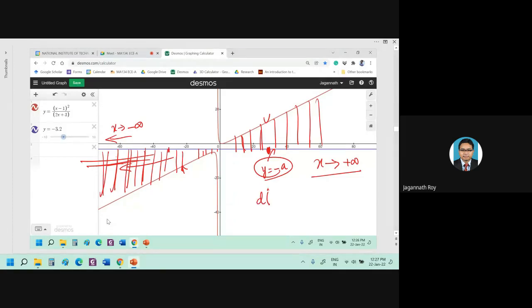The distance between the line and the curve should go to 0. It should not increase. That is why there is no horizontal asymptote for this case.